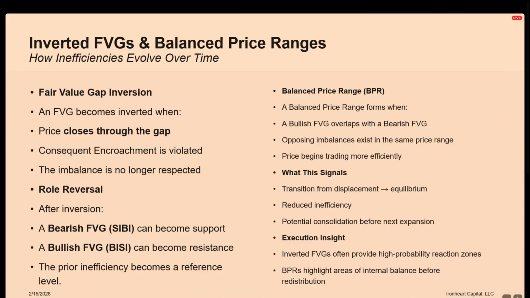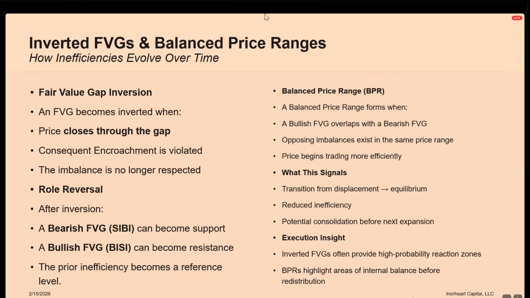And that gap is inverted on the way back up, that's a good confirmation to say, okay, I've had my major liquidity level swept. I had my change in state of delivery, which created my order block. And on top of that, we inverted this bearish fair value gap. I'm probably pretty good to get long.